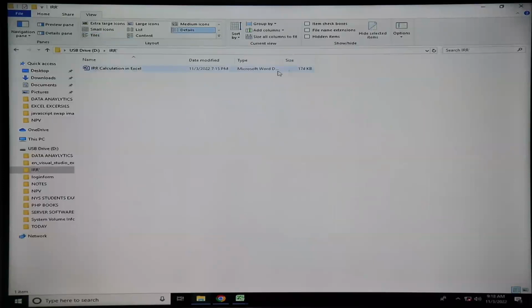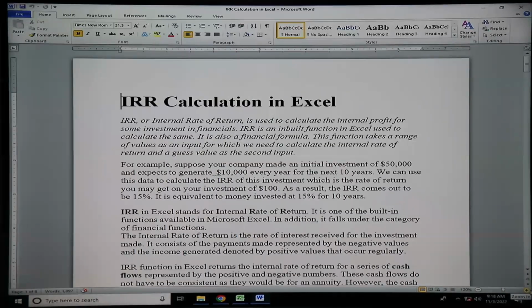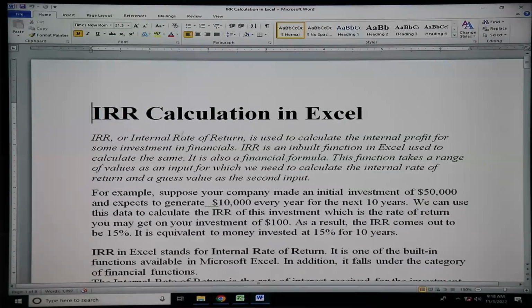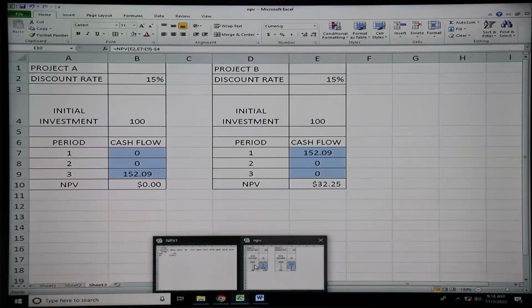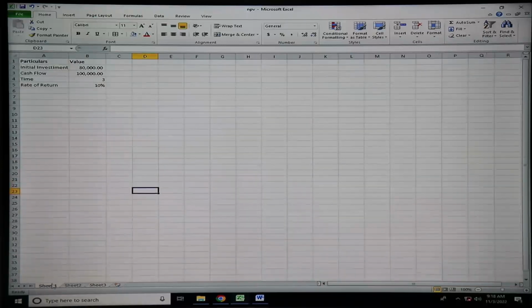And here, I have a simple insight of this function, the internal rate of return calculation in Excel. We say that the internal rate of return is used to calculate the internal profit for some investment in financials. The internal rate of return itself is an inbuilt Excel function which you can insert when you are working in an Excel worksheet.